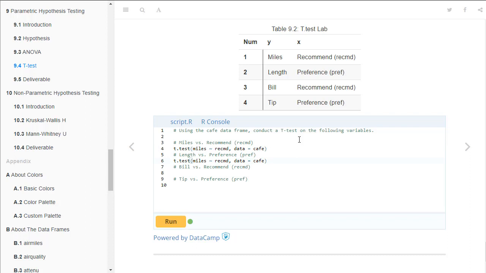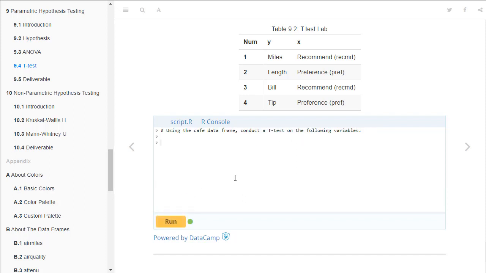Copy that. Next is length by preference. That's abbreviated PREF. Next is bill by recommend. And finally is tip by preference.